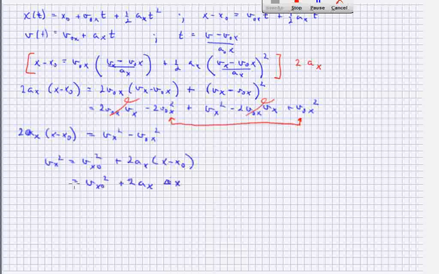So this delta x term is the displacement. So let's put a box around this because it is the fourth kinematic equation for constant acceleration.